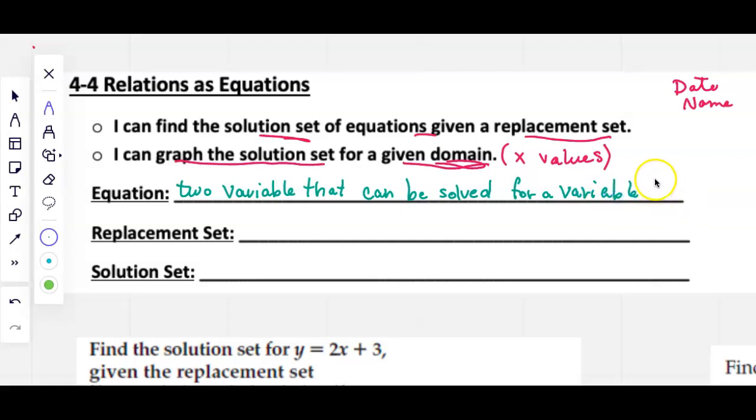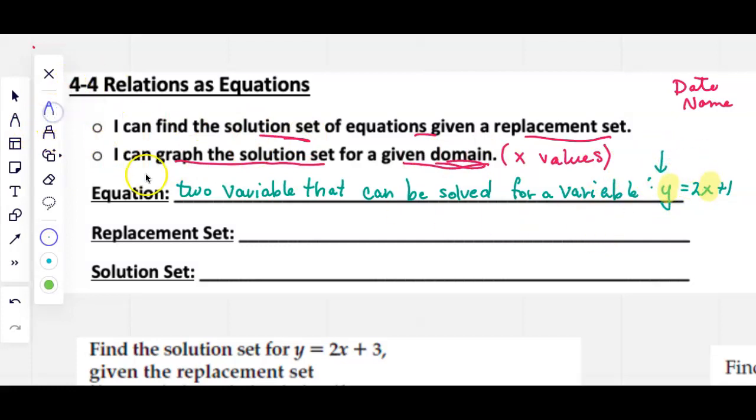We'll have our y equals 2x plus 1. So we have two variables, an x and a y. And it's solved right now for y because if you look at it, y is all by himself.